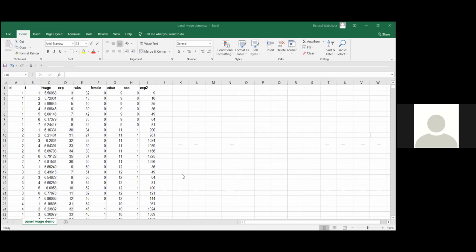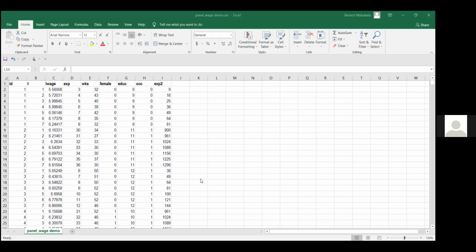So this is a panel that I downloaded from two gentlemen who have used this, Baltagi and Khanti, in their 2008 paper.